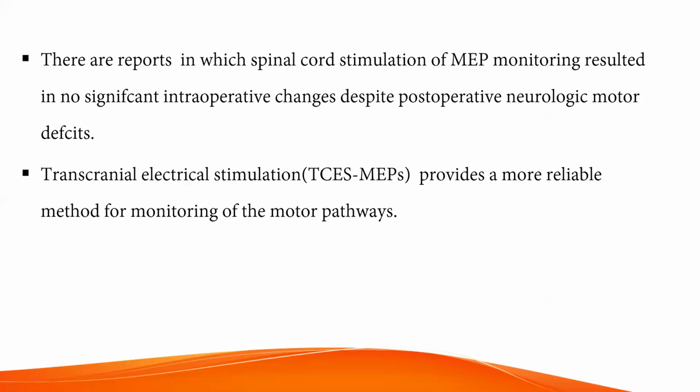There are reports in which spinal cord stimulation MEP monitoring resulted in no significant intraoperative changes despite postoperative neurological deficits. So they started with transcranial electrical stimulation, which provides a more reliable method of monitoring of motor pathways.